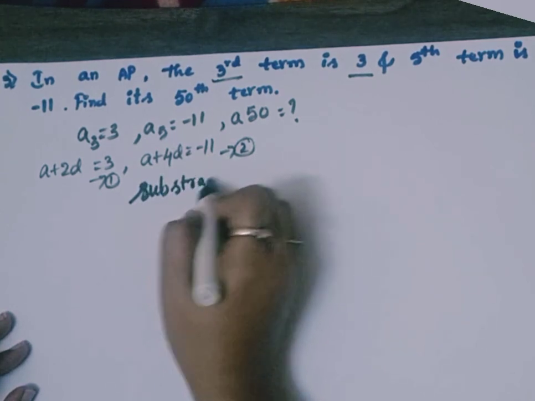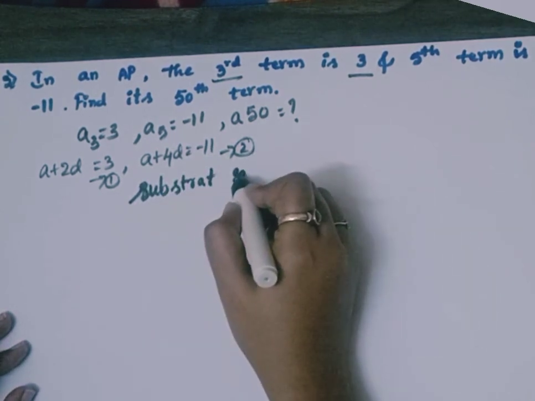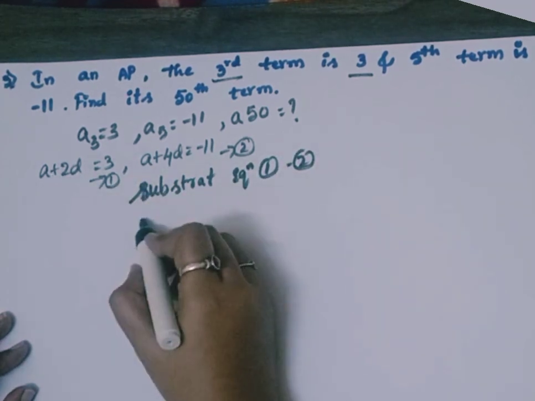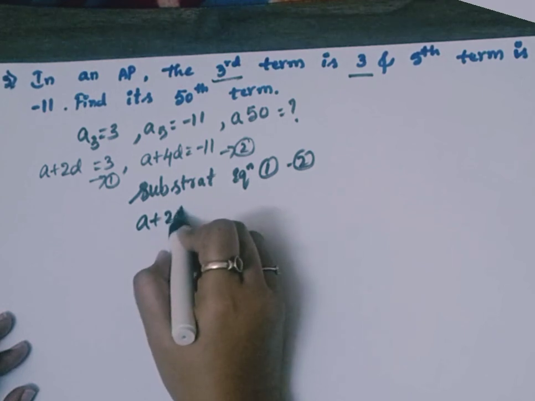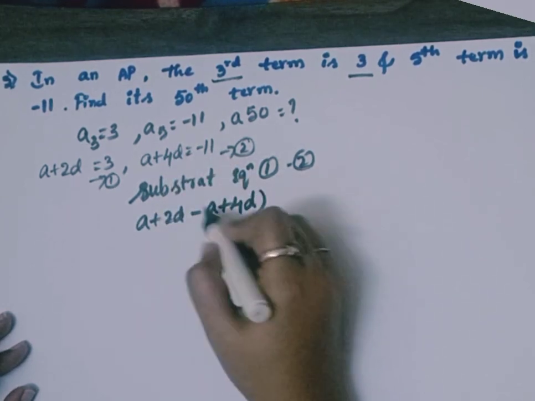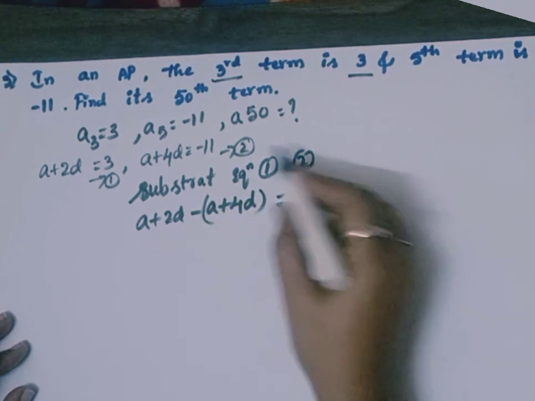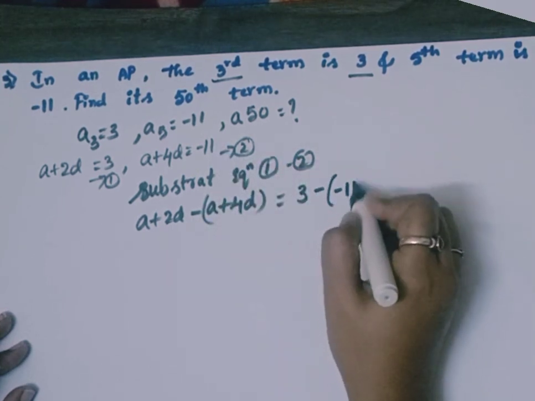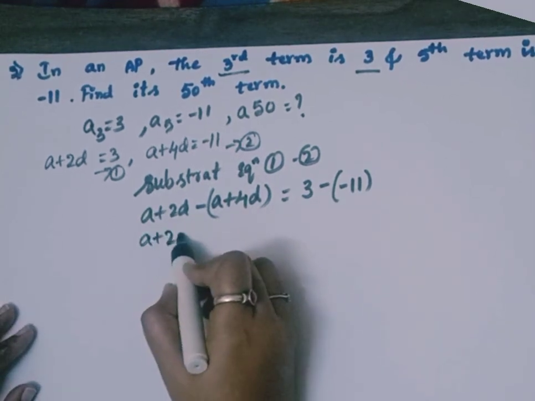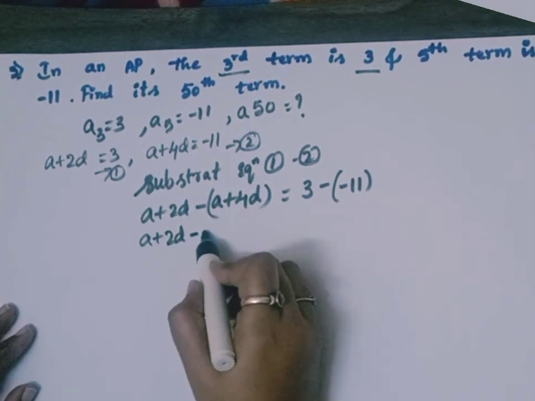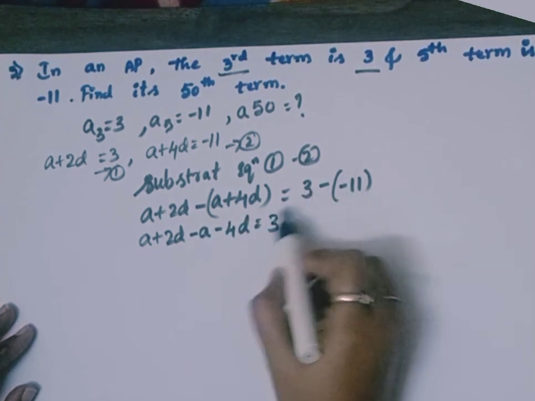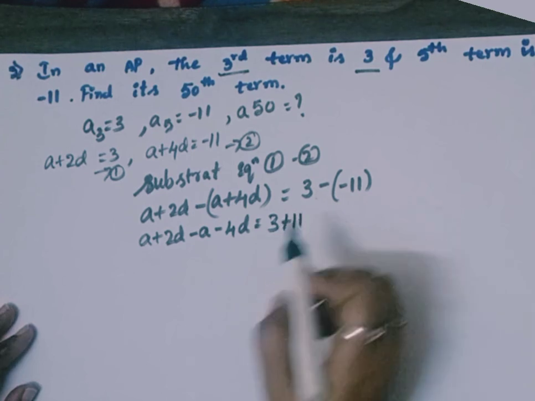Subtract equation 2 from equation 1. We have a plus 2d minus a plus 4d is equal to 3 minus of minus 11. So a plus 2d minus a minus 4d is equal to 3 plus 11.